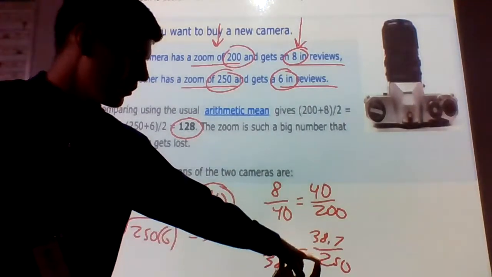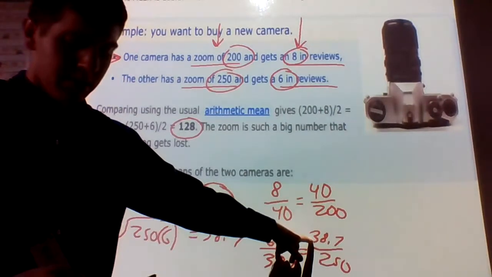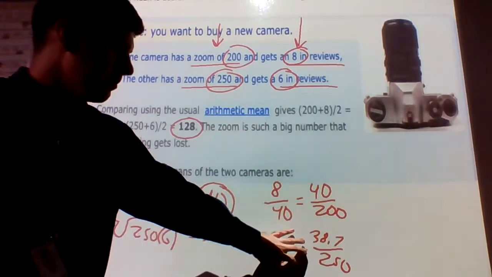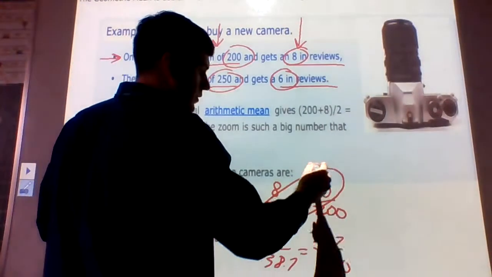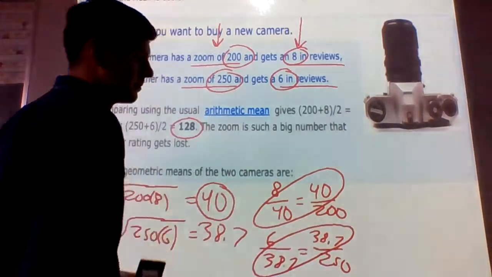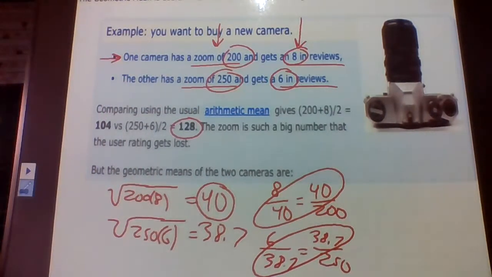And then to go from 250, you're going to have to divide by 6.45. So again, the 38.7 represents a number that's proportional. Okay, the same magnitude away. The same magnitude more than 6 is it is less than 250. Okay, so it gives us a number to compare, right? This gives us a number to compare. Okay, we can compare two different sets of values that are very different from each other.